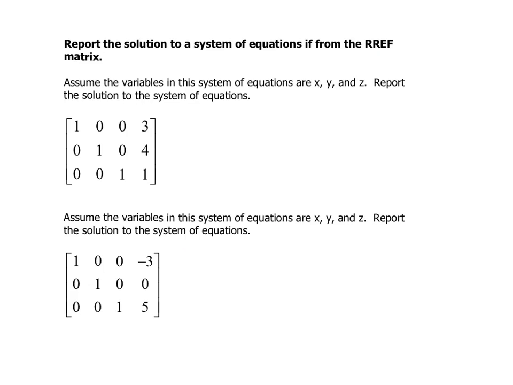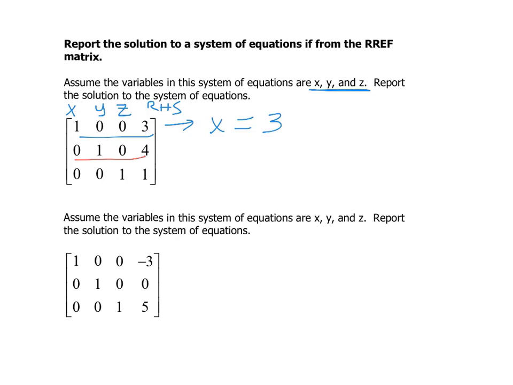Let's do a couple more where we write down the solution to our system. So we're going to assume that we have variables x, y, and z. And remember, this is my x column, this is my y column, this is my z column, and this is my right-hand side. I'm going to take each row and write it in terms of the equation so I can report the solution. So this first row tells me 1x, so it's just x, plus 0y plus 0z equals 3, so my x value is 3.